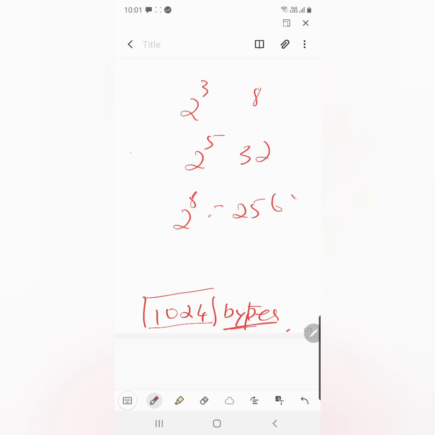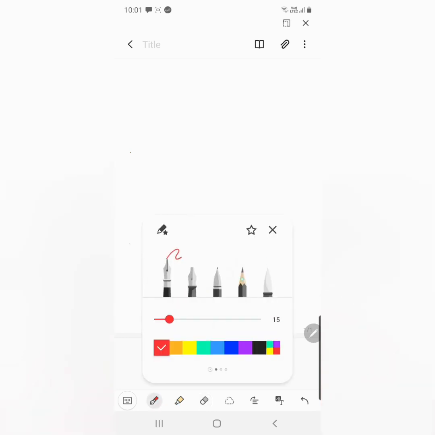So 2 to the power 9 is 512, times 2. Fantastic. 2 to the power 10 is 1024, which is actually related to the idea of bits and bytes, yeah?